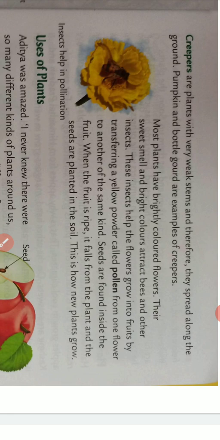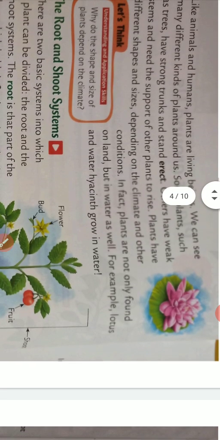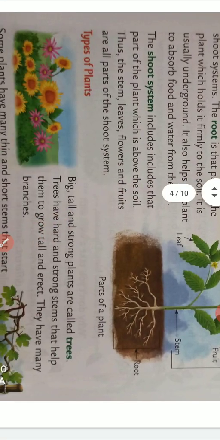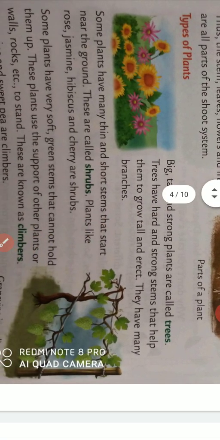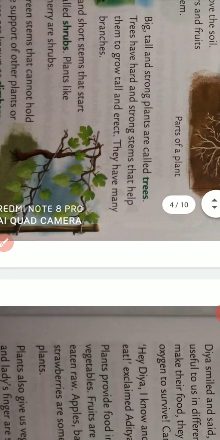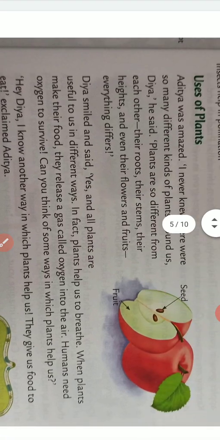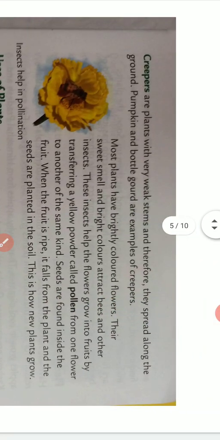Okay, children. So here we spoke about the trees, then we spoke about the shrubs, right? And then climbers, and then we just learnt about the creepers. So what are the creepers? Creepers are the plants with very weak stems, and therefore they spread along the ground.